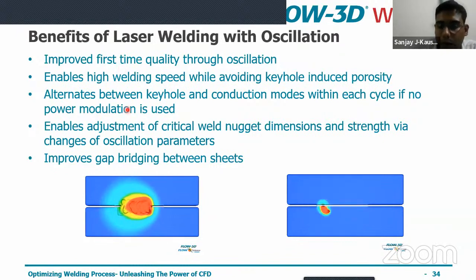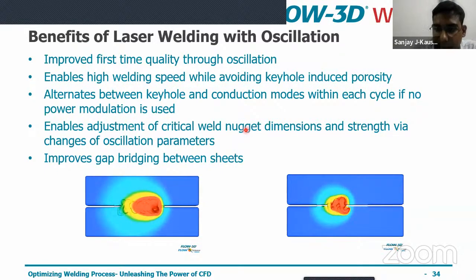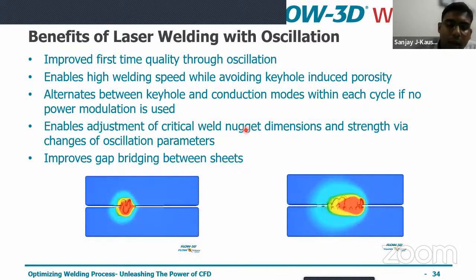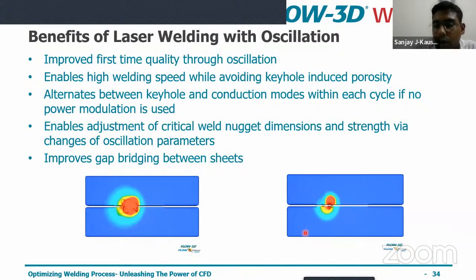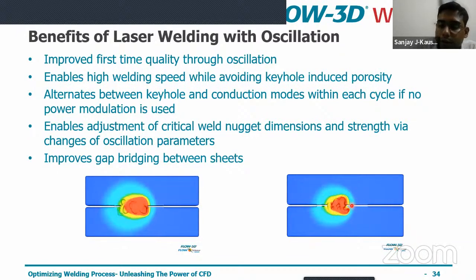It alternates between keyhole and conduction because it turns on and off. It enables adjustment of critical weld beam dimensions, the strength of the joint, and improves the gap bridging between the sheets. In oscillation, you can also have a zigzag kind of motion, whereas this is a circular motion, which spirals around the joint and moves forward.